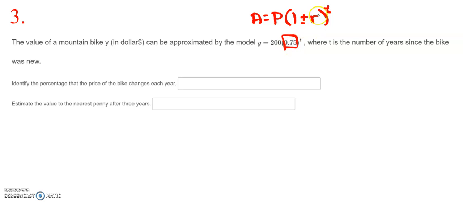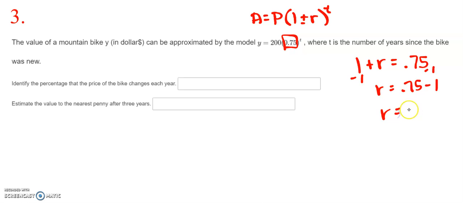So in this case, our 1 plus r has to be equal to 0.75, which means that r itself is equal to 0.75 minus 1. So r is equal to negative 0.25. I said it, I just didn't write it.